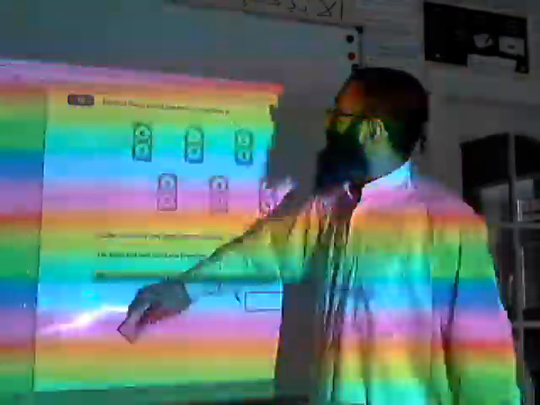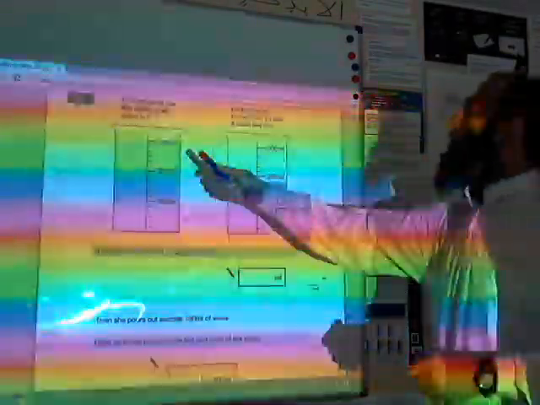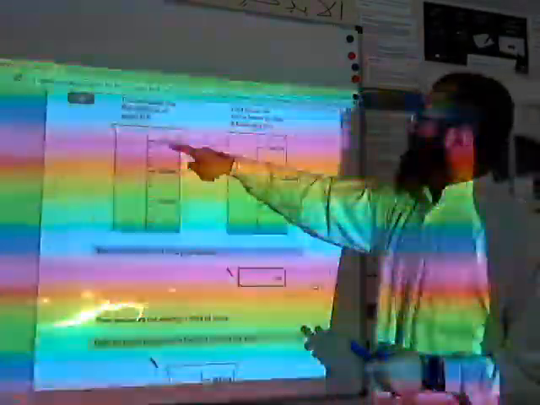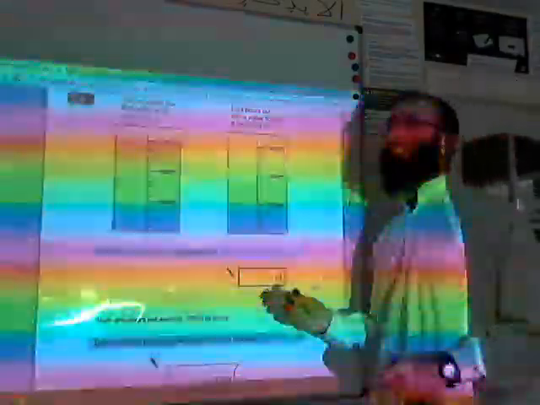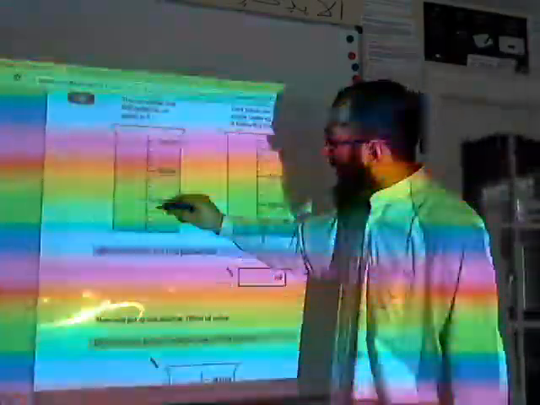Next question, please. This container has 900 milliliters of water in it. From there to there, 900 milliliters. Laura pours out some water so that it looks like this. How much water has Laura poured out? First of all, we need to work out the scale. So, Yusuf, from here to there, 300. How many gaps do we have in the scale?